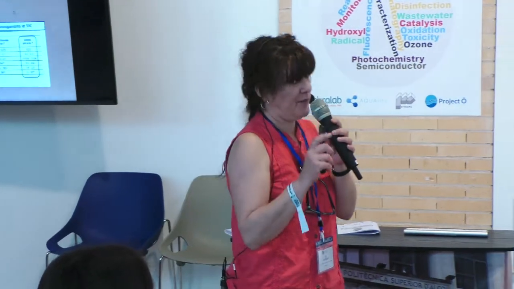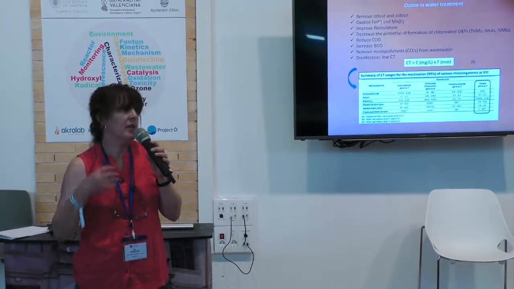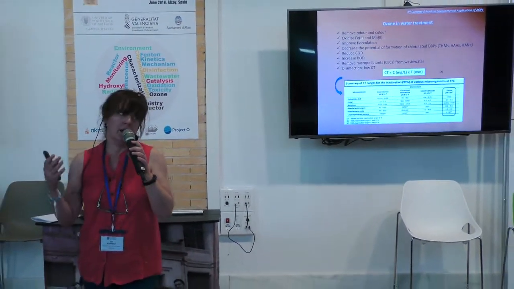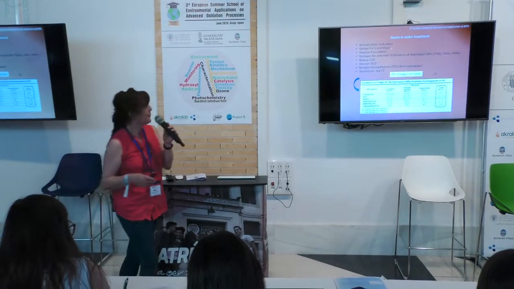To decrease, and this is a very important aspect, the potential formation of chlorinated DBPs, disinfection byproducts, in drinking water treatment. This is why the use of ozone in drinking water treatment is so important and so famous. When we use ozone, the formation of THMs, haloacetic acids or haloacetonitriles decreases enormously.